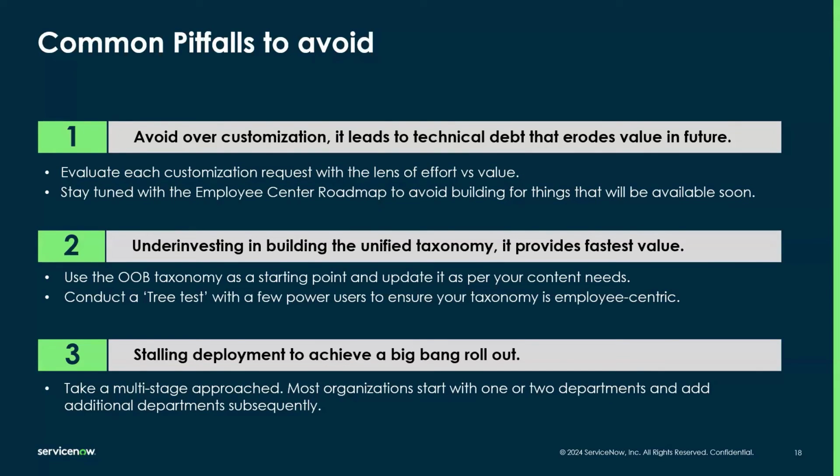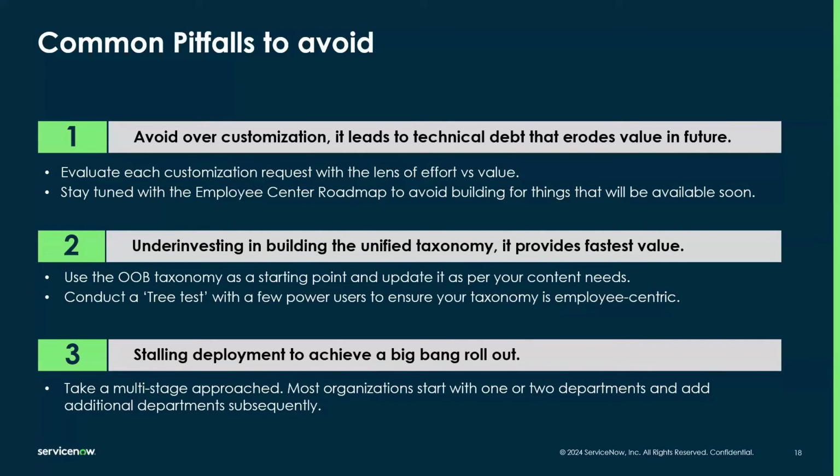And then a third common pitfall that I've seen is that people are often trying for a big bang rollout. Instead, what I've seen most organizations get success with is a multi-stage deployment approach. Many organizations, in fact, even start with only one or two departments. And once they have achieved success with it, many other departments automatically come and say, hey, we want to be part of this journey as well.